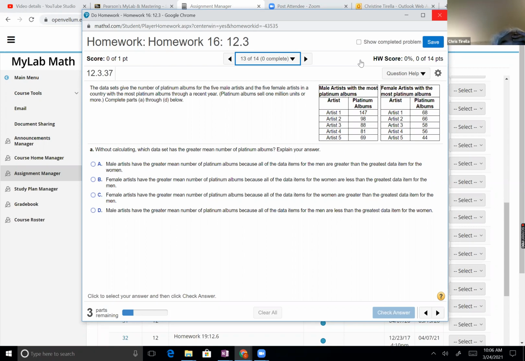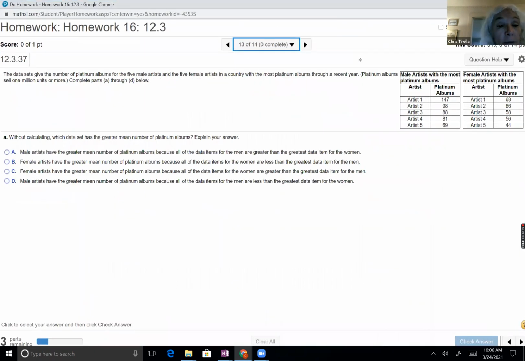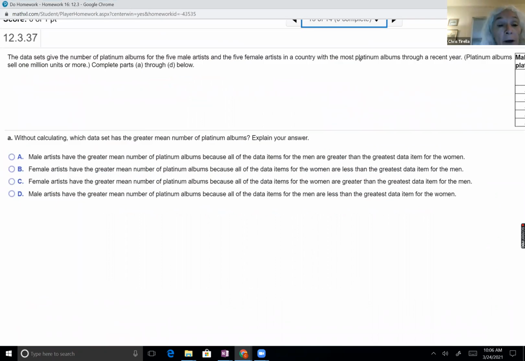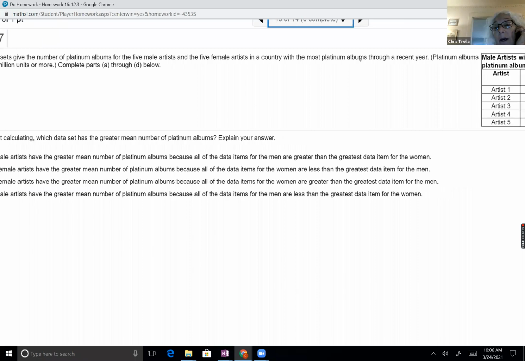Part A says to determine, without calculating, which set has the greater mean and why. I have to apologize. I'm having trouble with my eyes this morning. Let's see if I can make that bigger.